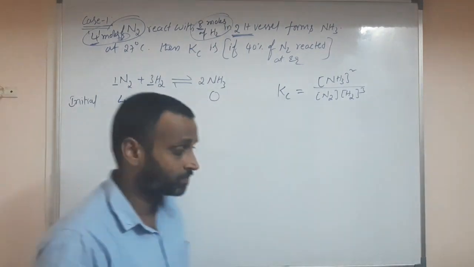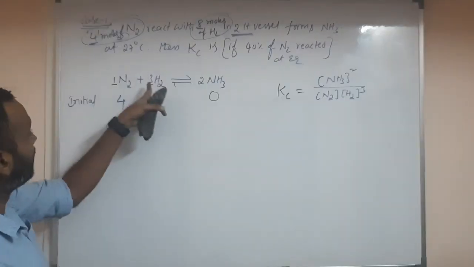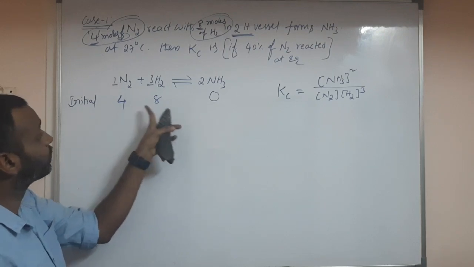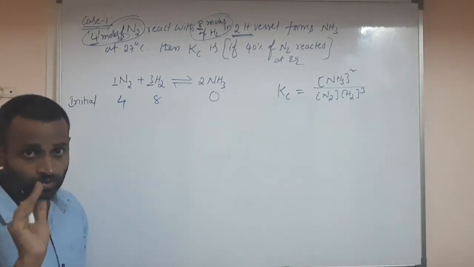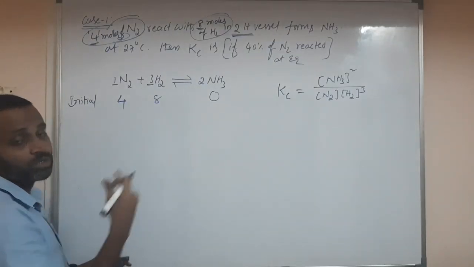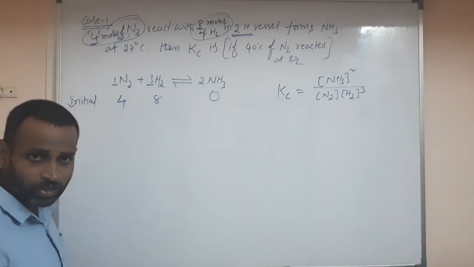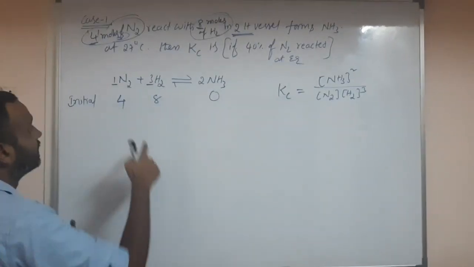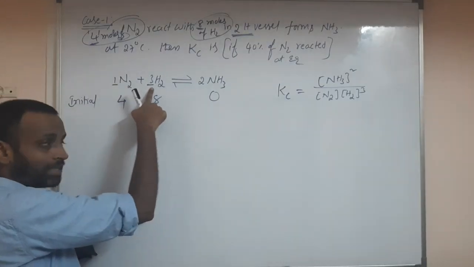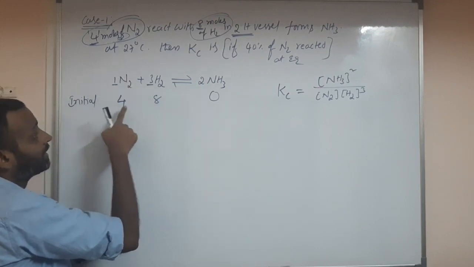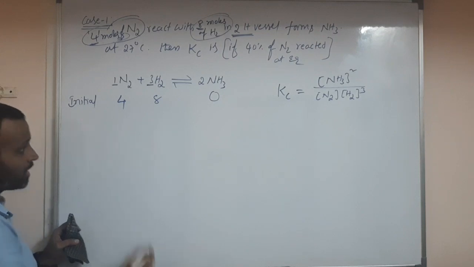In that way, they react 1 mole and 3 moles here, but they gave excess 4 moles and 8 moles. The remaining moles stay with you. So as I said, 1 and 3 moles only will react, but 4 and 8 are given in excess.